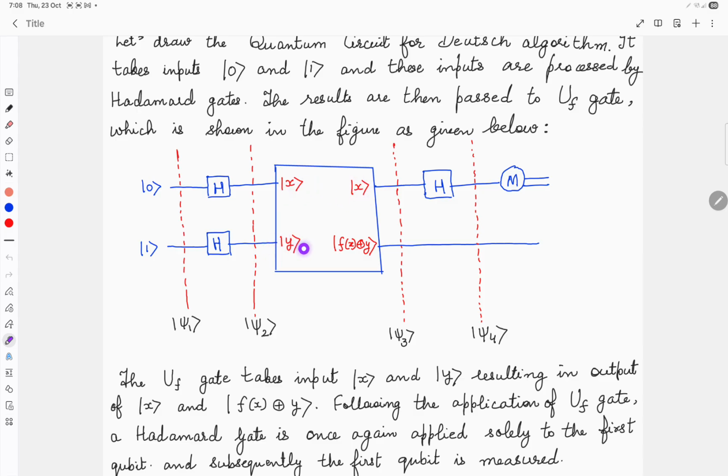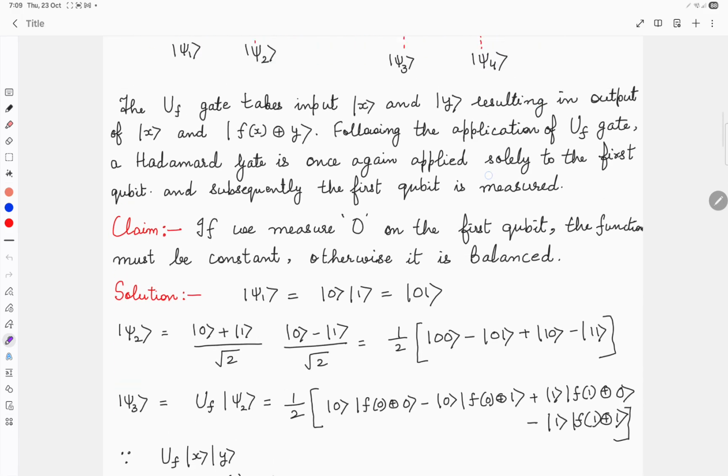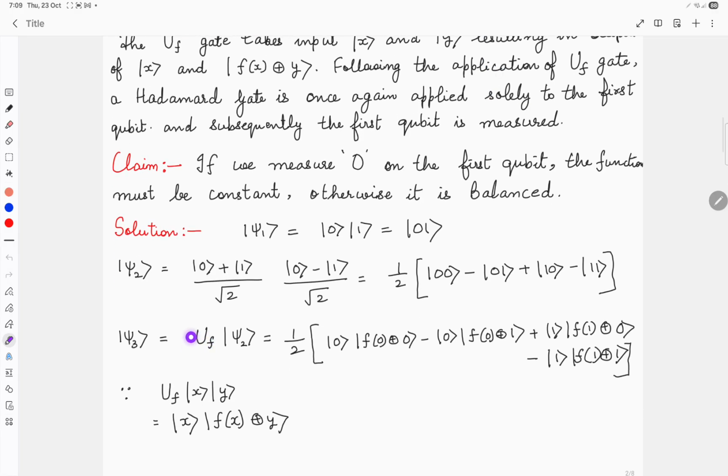For the ancilla qubit, this is f(x) XOR y. So this is actually the operation that is performed. Now this is the quantum oracle. This is ket psi 2, the quantum state of the system at the second stage.